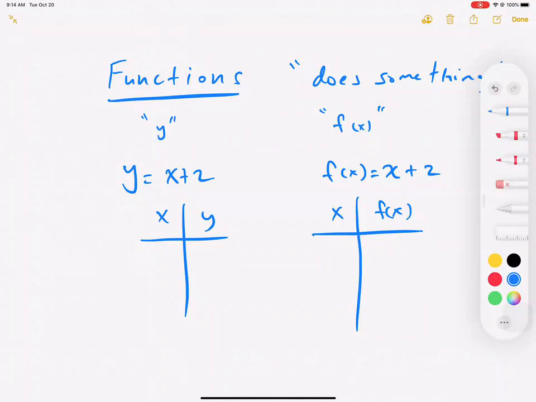How does it change my initial value, my input value? So we can add some notes here. X is always considered for us your input value. And Y is your output value. This is the result of the function. X is your input, and f of x is your output.